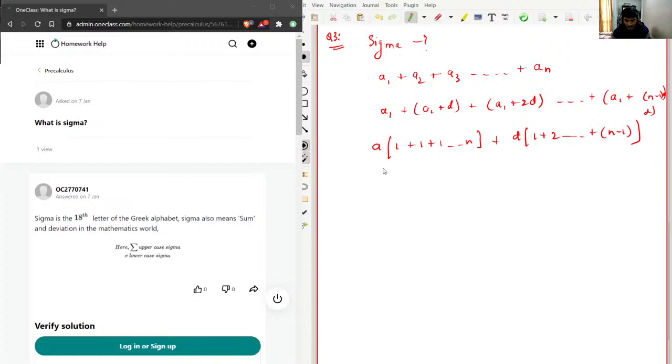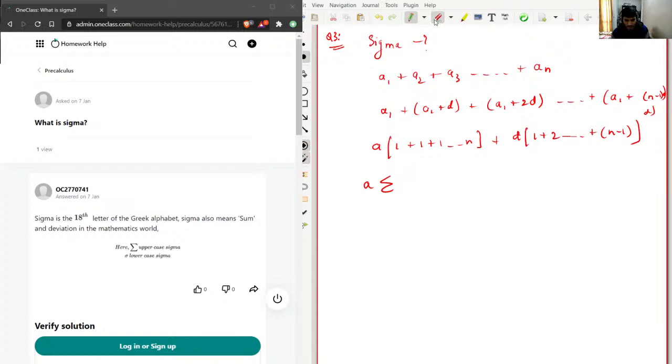So I can write this as a into the summation of 1 plus 1 plus 1. This will be n times 1.